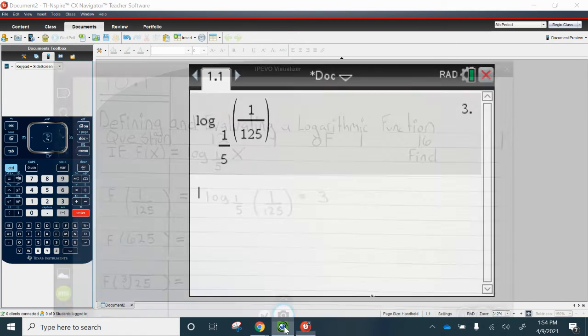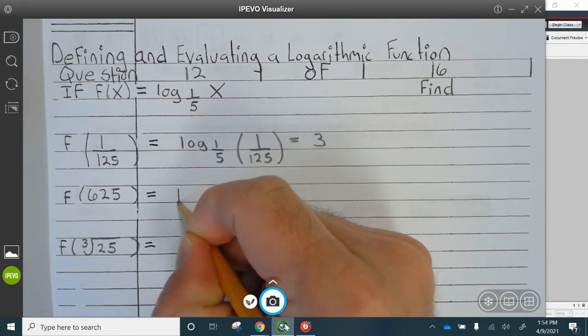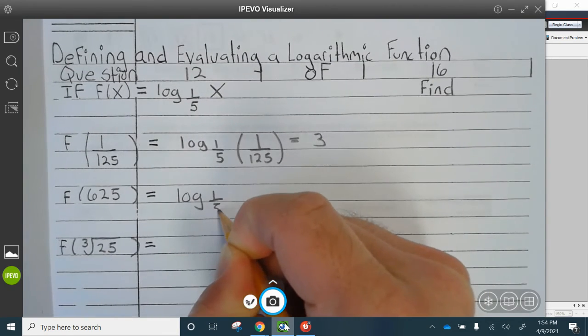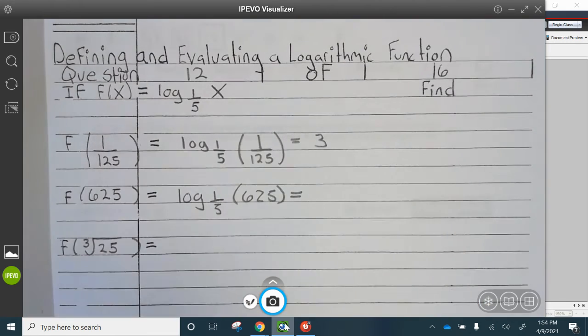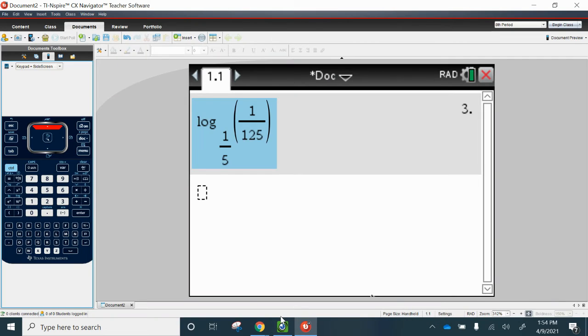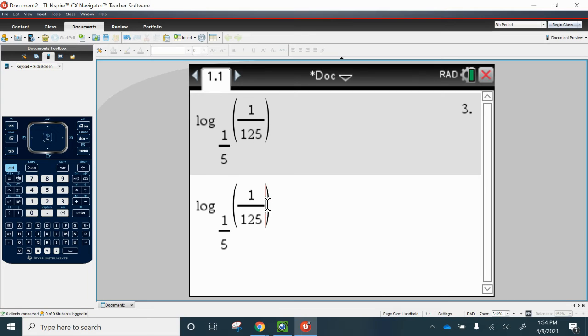Then this is log base 1/5 of 625. If I highlight this, press enter, and delete this and put 625, press enter, which is negative 4.